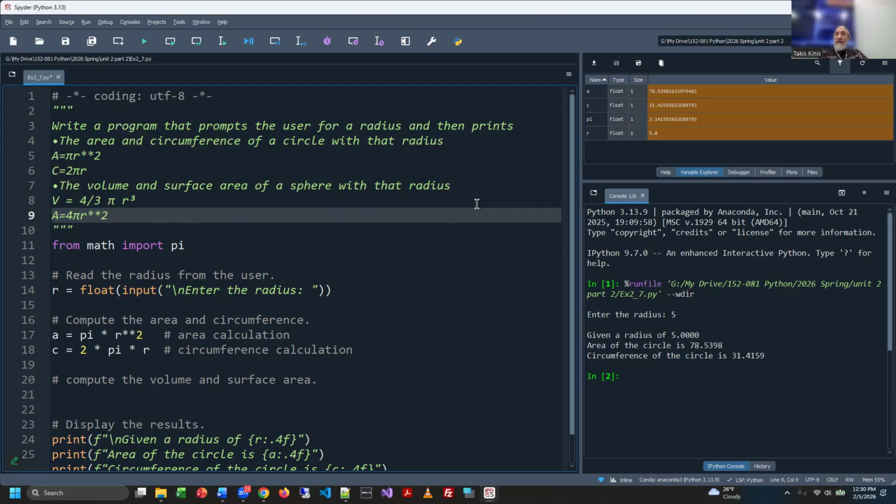So the volume of a sphere is 4 divided by 3 times pi, the radius cubed, not squared, but cubed, right? So that goes out in 3 dimensions. And then to determine the surface area of the sphere, it's 4 times pi times r squared.